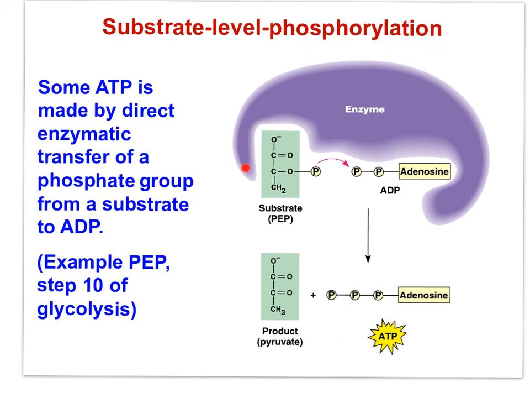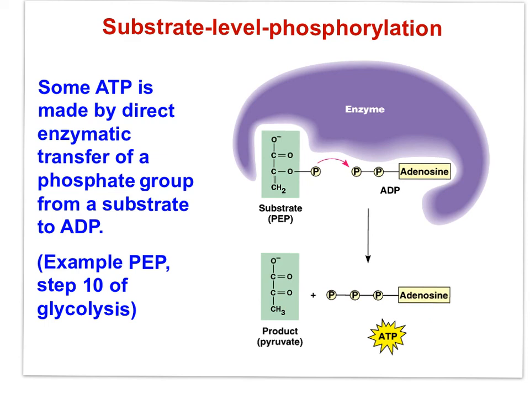A substrate molecule with an attached phosphate group gives up the phosphate group to ADP, as you can see here. In this case, PEP is the organic intermediate, the substrate, and an enzyme catalyzes the transfer of the phosphate group to the ADP to form ATP.